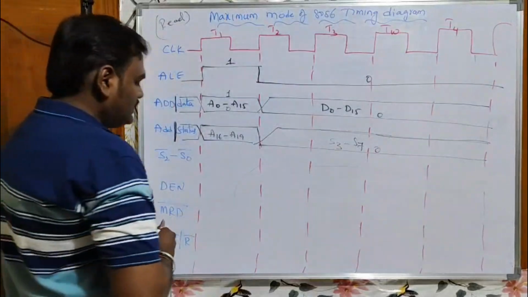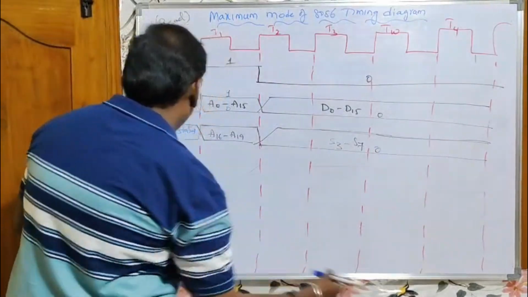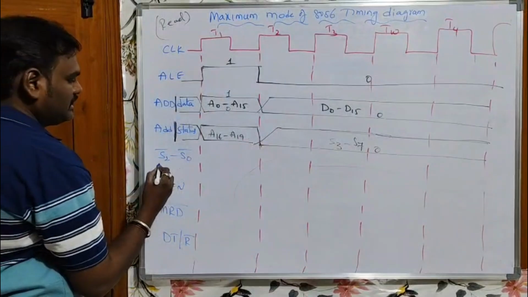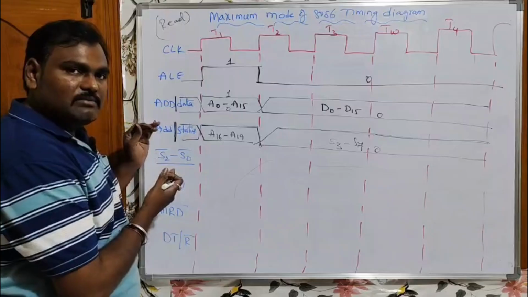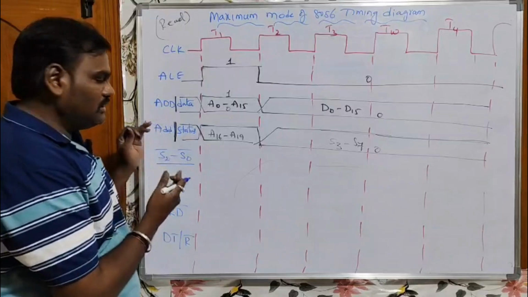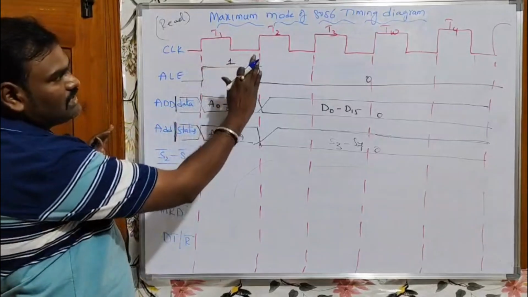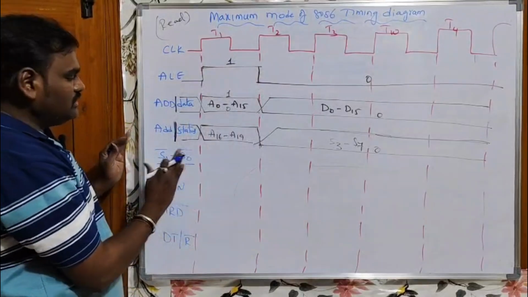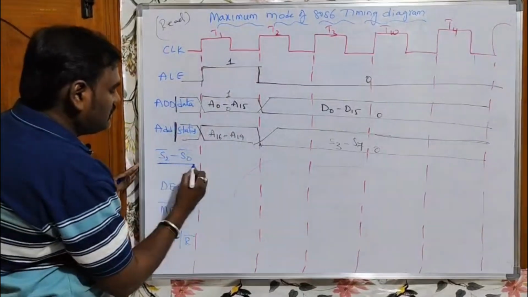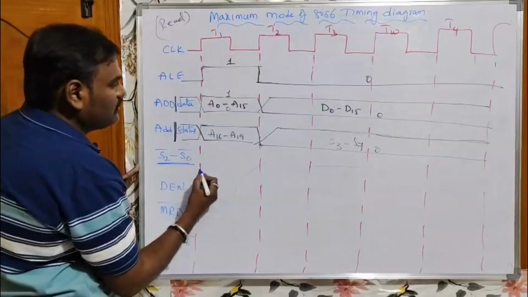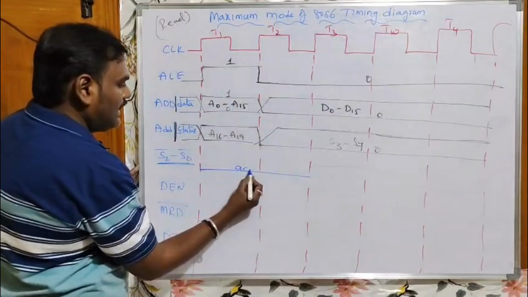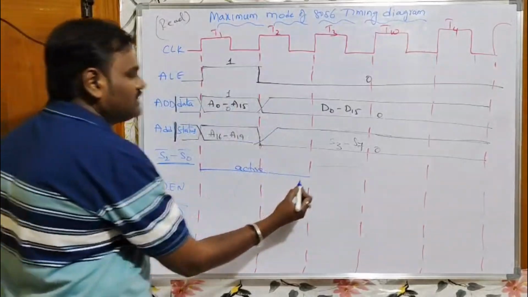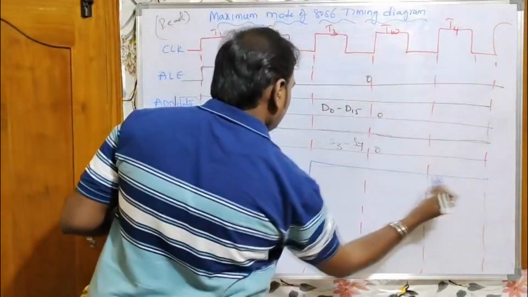Next we will draw the remaining status lines, that is S2 to S0 bar. Bar means these are active low signals. For the first two clock cycles, T1 and T2, these are active, which means active low, so we need to draw 0 here. In the next clock cycles these are inactive.